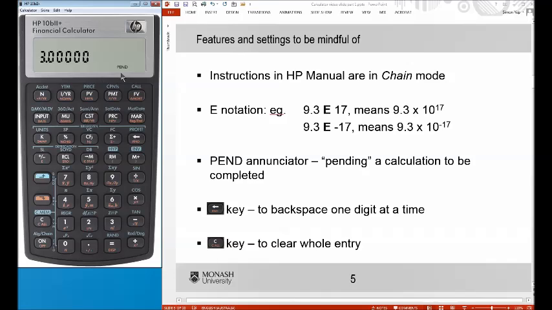That represents that the calculator is pending a calculation to be completed. Similarly, if you want to start a new calculation, you need to make sure that the PEND annunciator does not display.